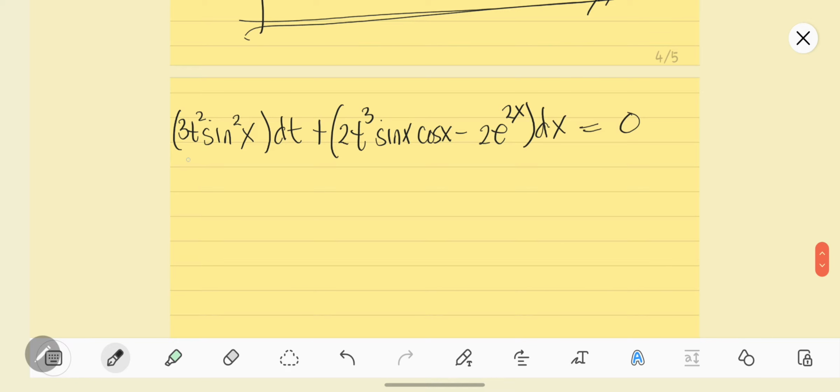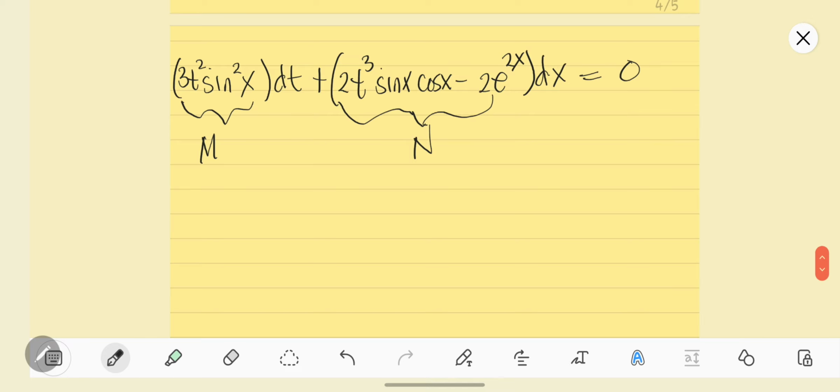Now we know that beside dt and beside dx is m and n respectively, so m and n. So now, checking for exactness, the partial derivative of m over dx must be equal to the partial derivative of n over dt.